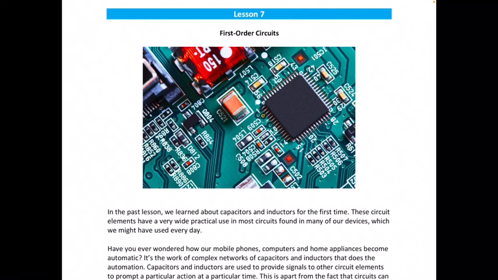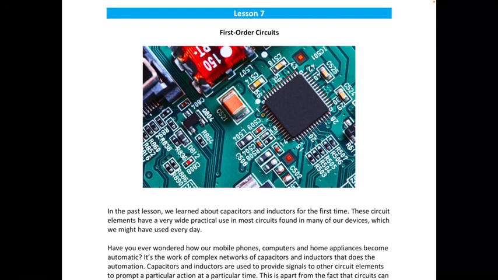So, moving things forward, this will be lesson 7 of our EE2165, our DC circuits course. And in lesson 7, we will be talking about first order circuits. Now, in the previous lesson, or in lesson 6, we have encountered capacitors and inductors for the first time and somehow learned about their basic operation and functions in a circuit.